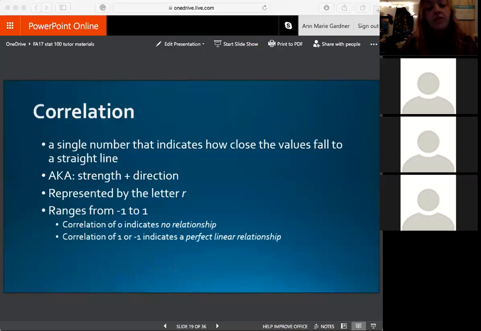A correlation of 1 shows a perfect positive linear relationship, and -1 is a perfect negative linear relationship. So correlation is about finding the relationship between two quantitative variables, so we are talking about quantitative and measurement variables here.